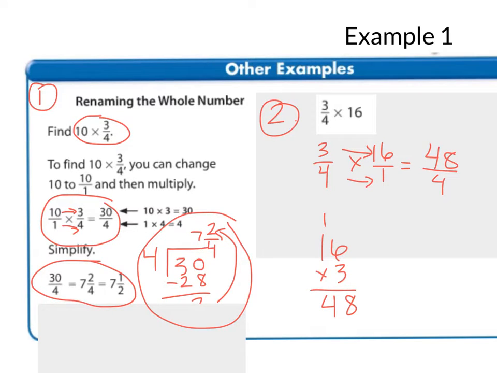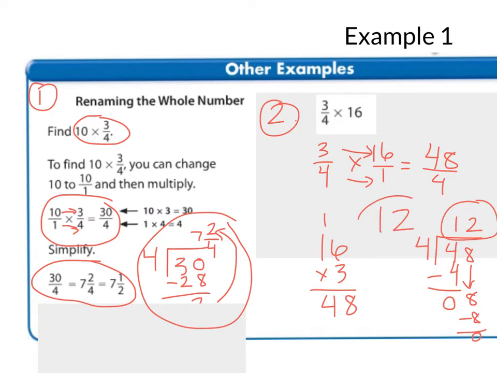And I see next I should make that into a mixed number as I did over here. So let's put the 4 on the outside. Bring down the 8. And I have no remainder. So my answer actually does not have a fraction. My answer is just 12.